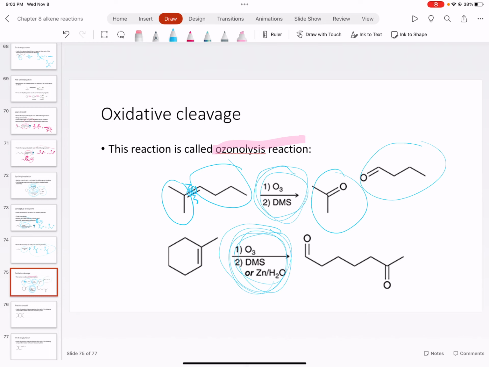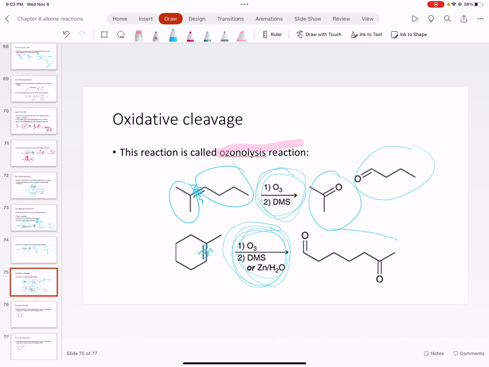Which is a little bit different when we have a cyclo, because we do break it, but then they're still connected together. Like in here I have 1 carbon, in here I have 2, in here I have 3, in here I have 4, here I have 5, and then here I have 6.